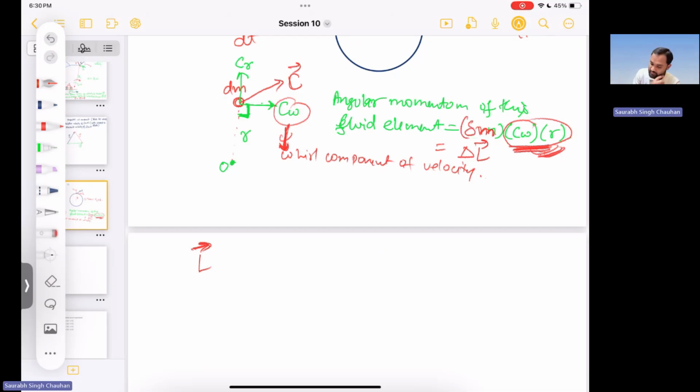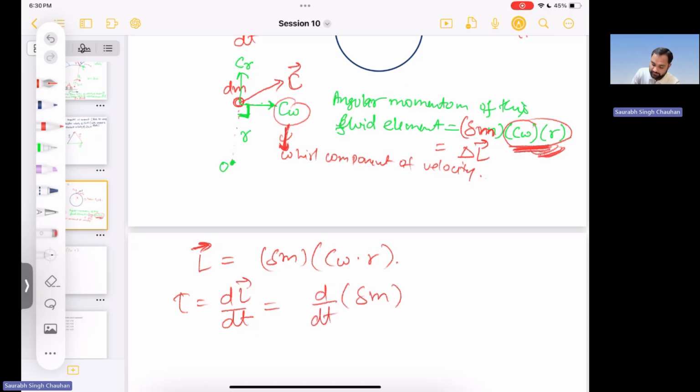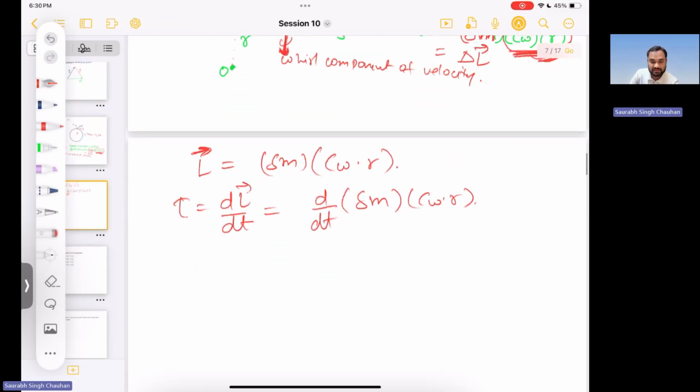The angular momentum is del m times CW times R. So the torque will be the rate of change of this angular momentum. So we should write d by dt of del m times CW R.